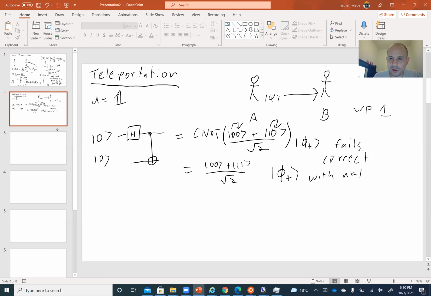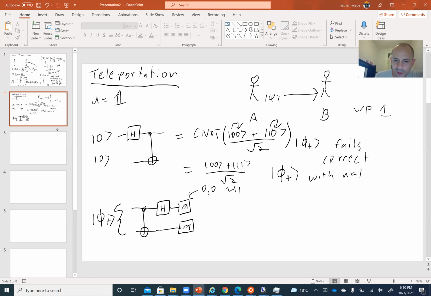All right, cool. So what we have is this particular circuit. But what we'd like to do is find a way of projecting onto this state. And we can do that by noting that from this circuit, if we started in a state phi plus and then did the opposite of the above circuit, first we C-NOT and then we Hadamard, we end up in a situation where if we measured these two, we will get 0 and 0 with probability 1.